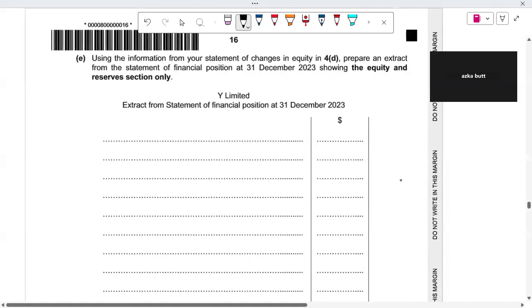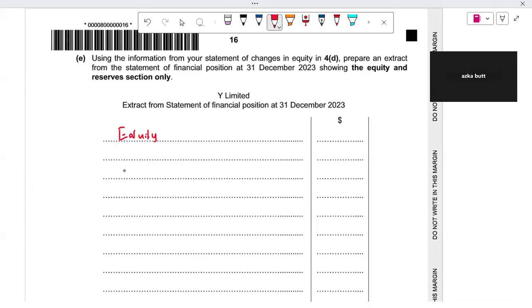Okay, so we basically have to prepare the extract from the statement of financial position. It means that we only need to find out the equity section. So in the equity section, we have the ordinary shares, and we have general reserves in this. We have retained earnings. Okay.